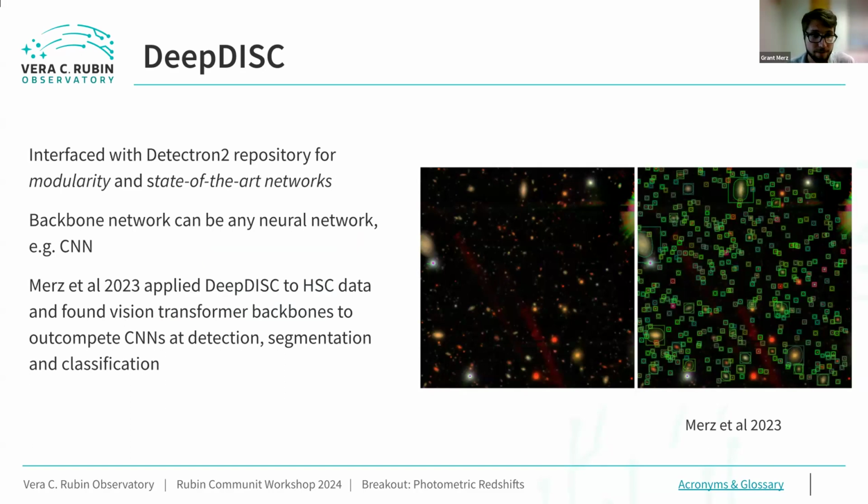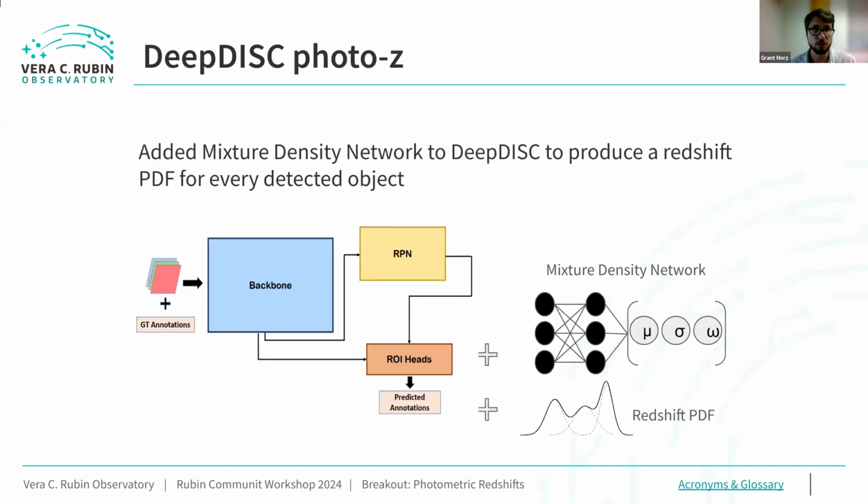Next slide, please. So the goal and the PhotoZ aspect of this work is to adapt these networks to, in addition to the detection and classification, produce an estimated Redshift PDF for each detected object. Because these networks are very modular in nature, what we do is add a mixture density network on top of the baseline DeepDISC.